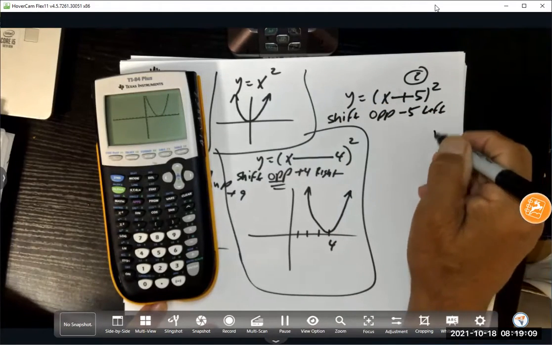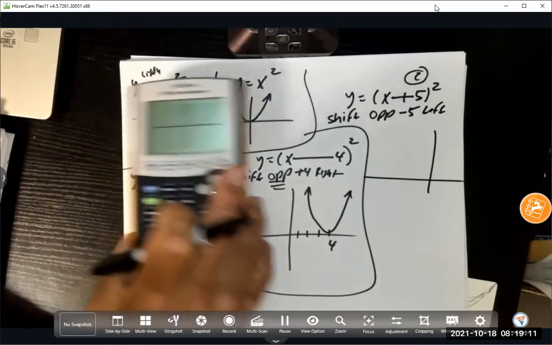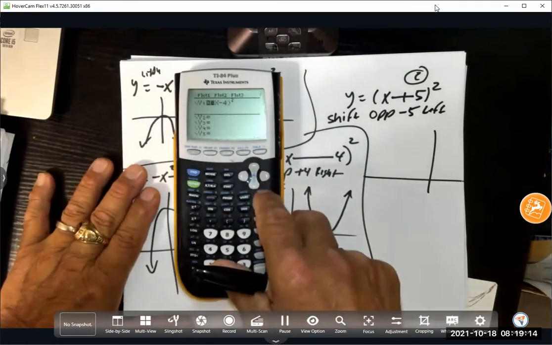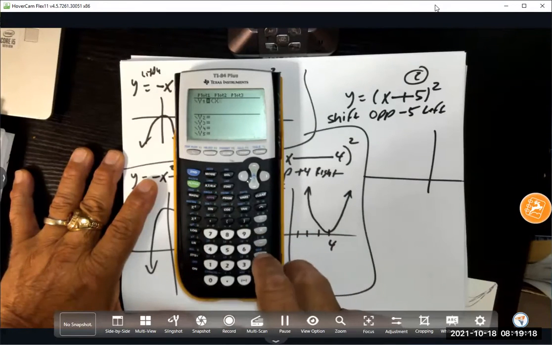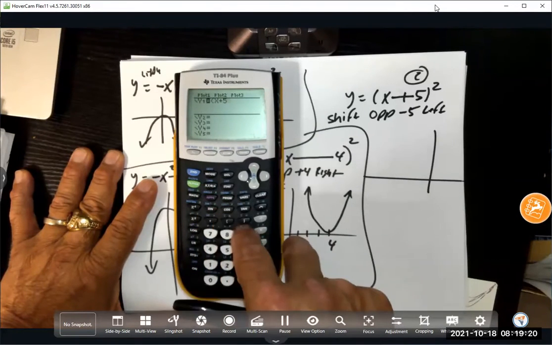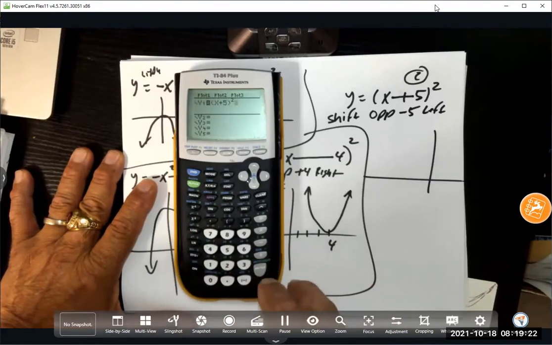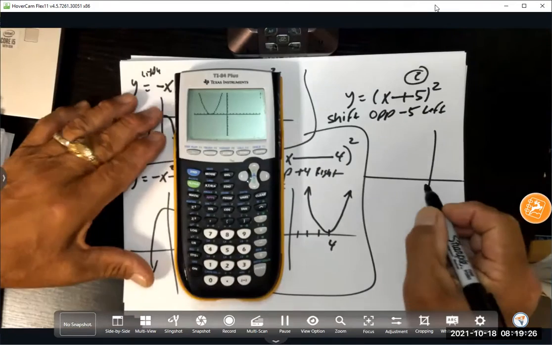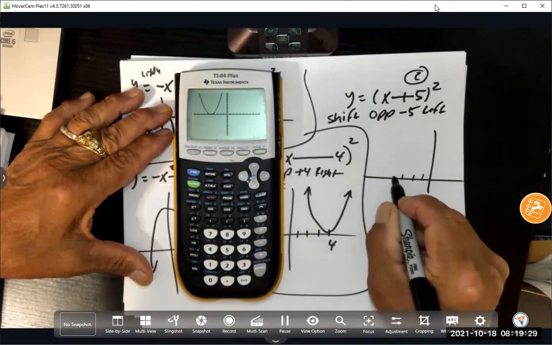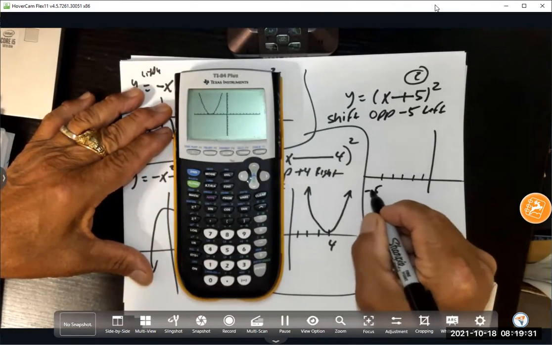So when I draw this thing here, well, let me just put it in my machine. Clear. You're going to put parentheses x plus 5 squared. So there it is, right there. It's going to go 1, 2, 3, 4, 5, right there.